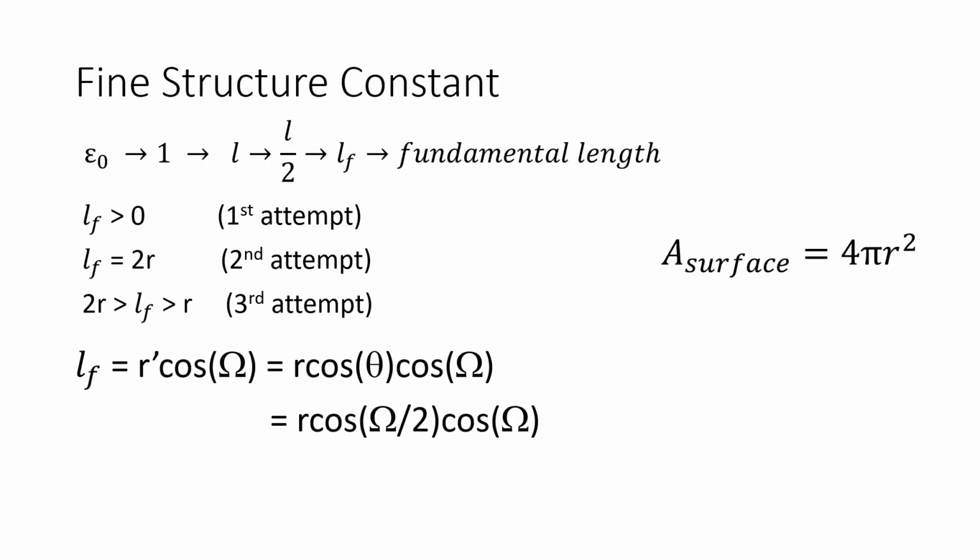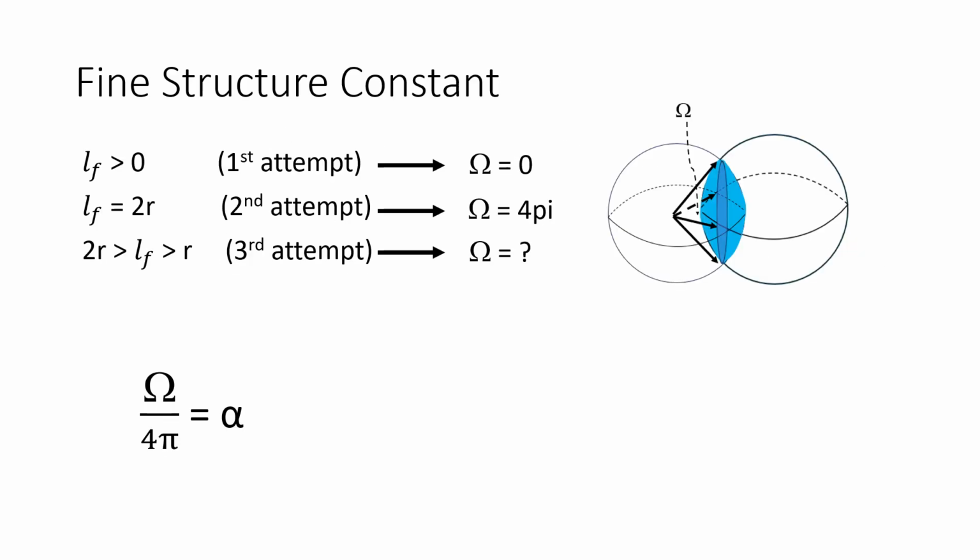The solution to this problem will reveal a great deal about the fine structure constant alpha. But first, let's think about the problem geometrically. The surface area of a sphere is just 4 pi times the radius squared. If we think about the solid angle, we can see that in separating the two spheres, it progresses from 0 to 4 pi.